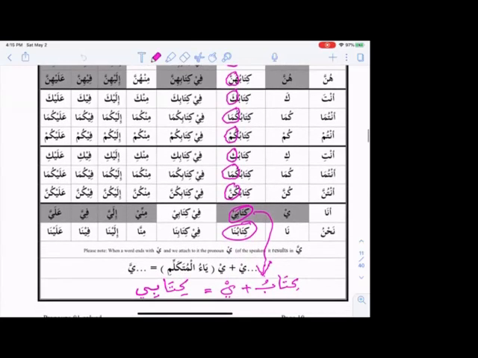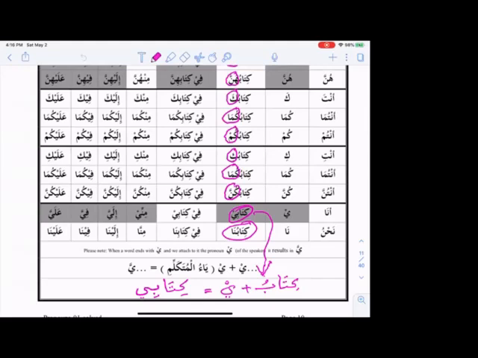And then, my brother and sister, now ana is a pronoun marfu, and in mansub and majrur it becomes ya mutakallim. So when ya mutakallim joins a noun, it will become kitabi. That is the habit of ya mutakallim. It will make everything majroor. Kitabi, okay? And then kitabuna.